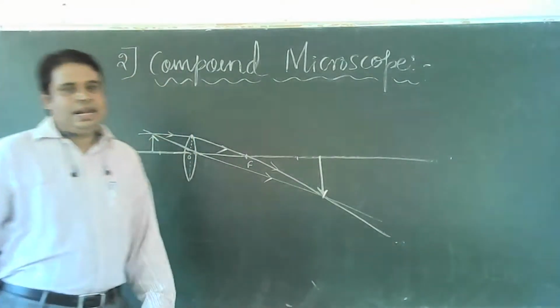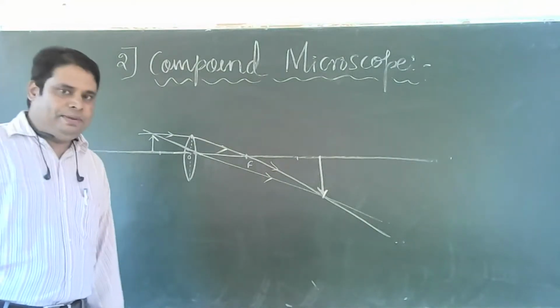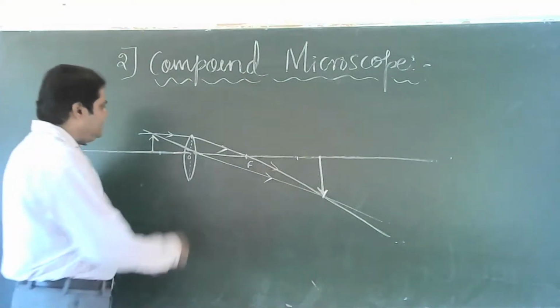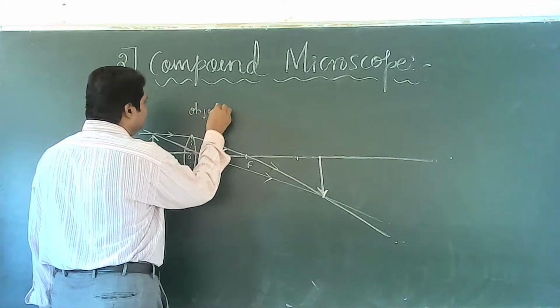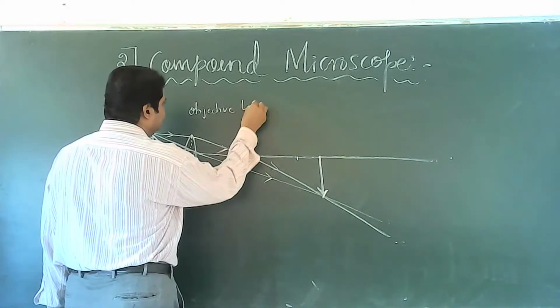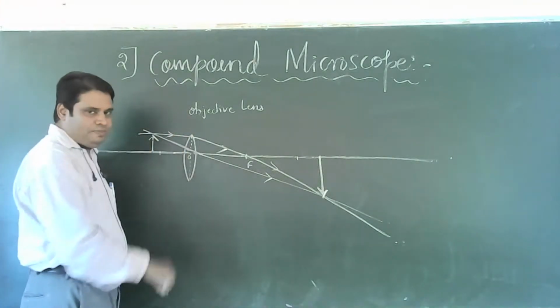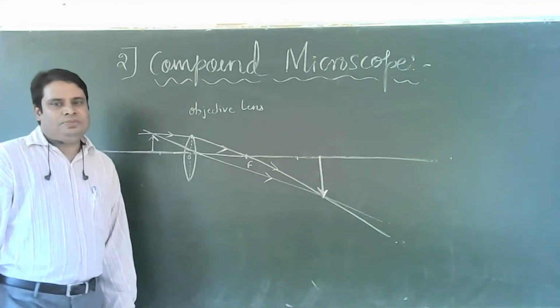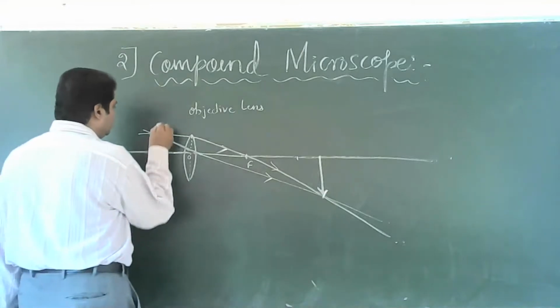In this case, a real image is formed. This lens is called the objective lens. This is the object. This lens is towards the object, hence it is called the objective lens.